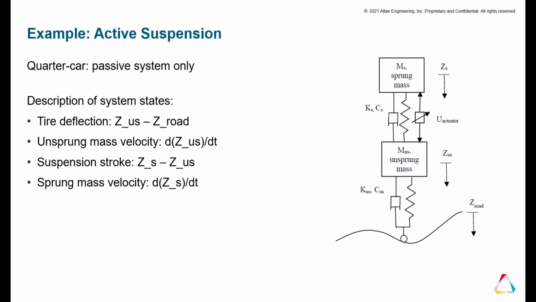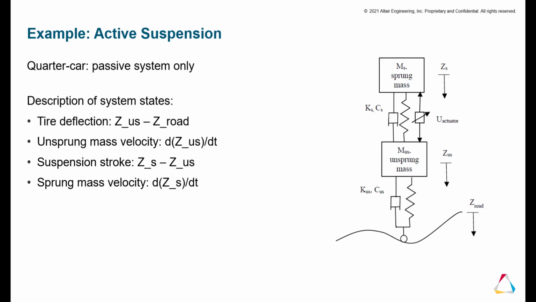Looking at the diagram on the right, we can break this down into four simple equations that define our system states. The system states that we're interested in this example are a set of two different displacements and two different velocities.